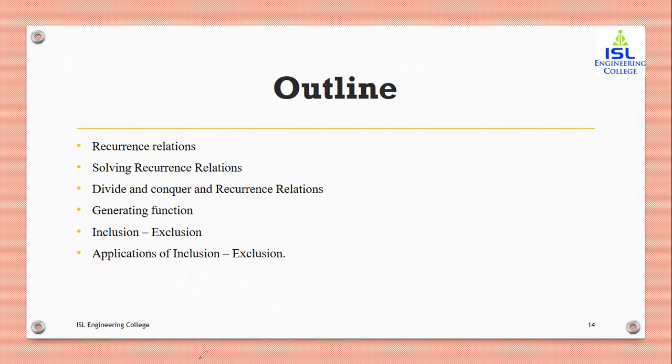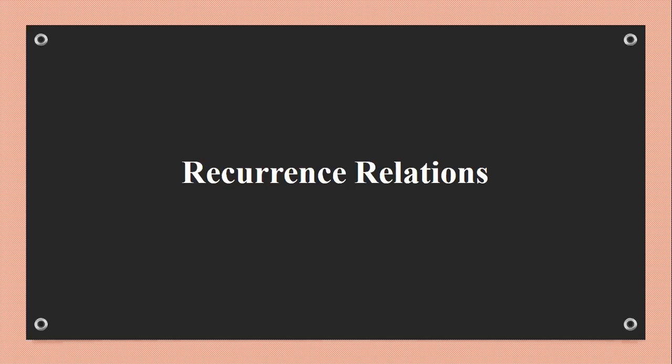Now let's move on to the next. Let's see a formal definition first. Before seeing the formal definition, I'd like to give you an example of why we need recurrence relations. Suppose we have a factory where pens are being produced, and the number of pens is doubled every hour, as the machine gets better.